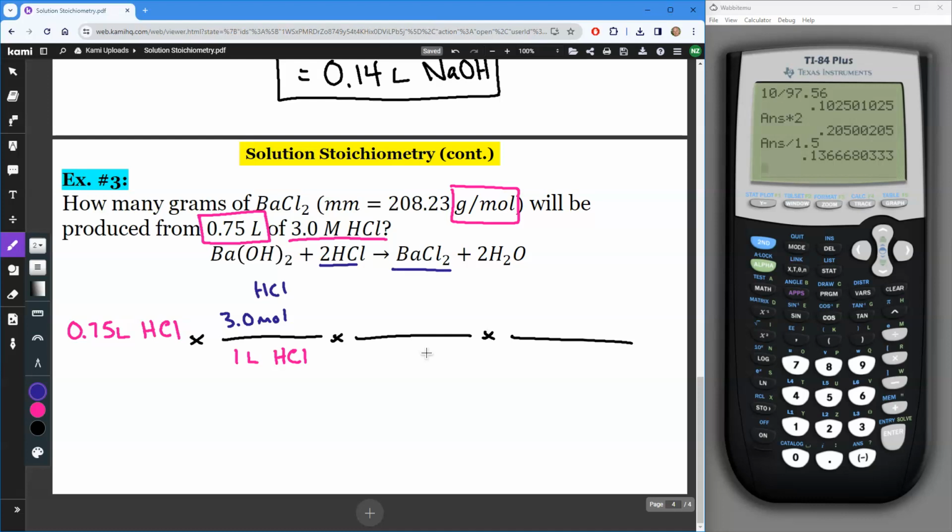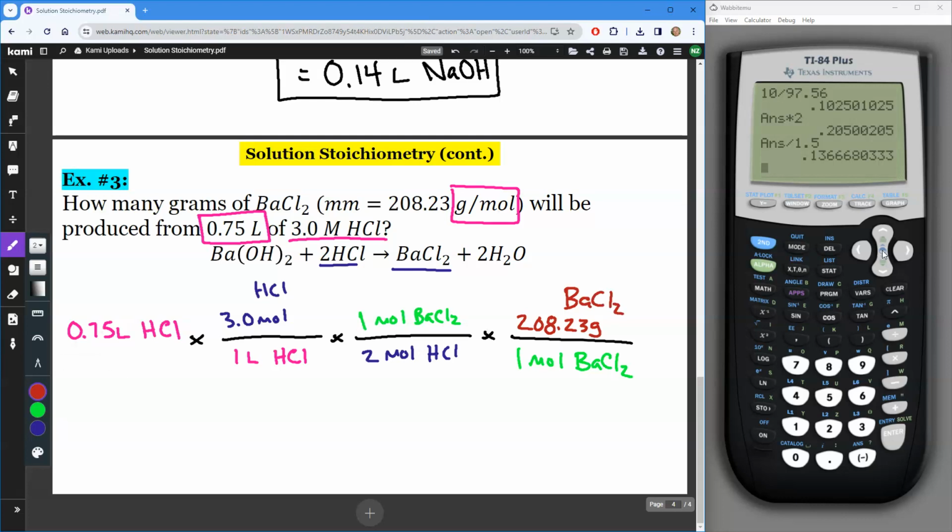We have a 2 in front of HCl. So for every 2 moles of HCl, we have 1 mole of barium chloride. And then we'll use our molar mass to get grams. For every 1 mole of barium chloride, our molar mass is 208.23 grams of barium chloride.